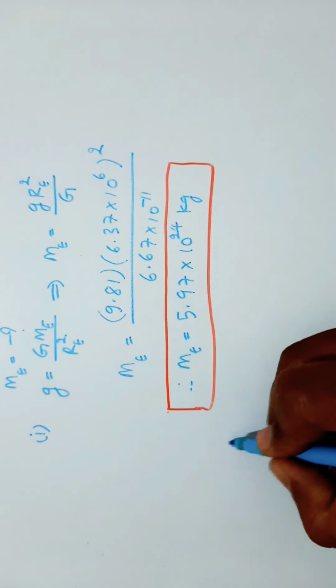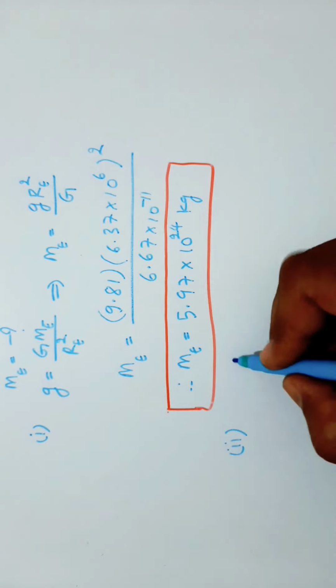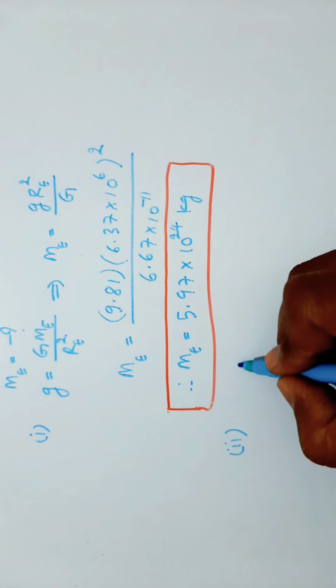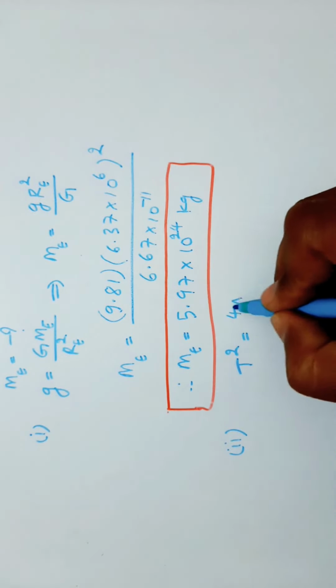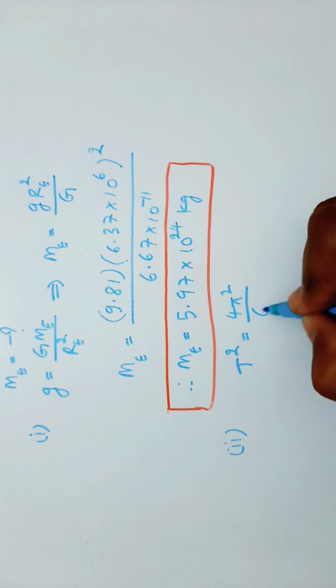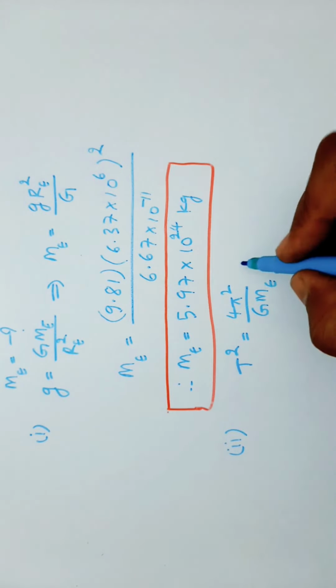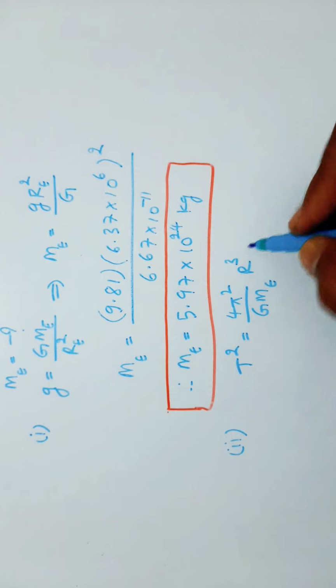The second method is, we have a formula, that is T square is equal 4 pi square by G ME R cube.